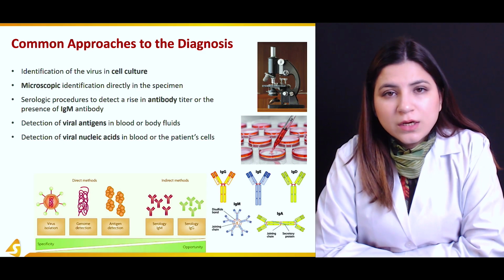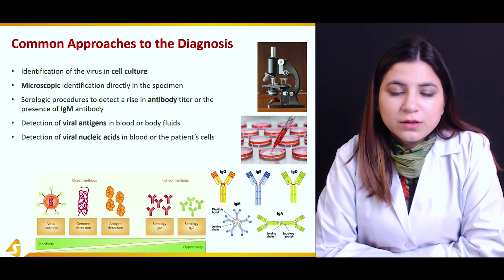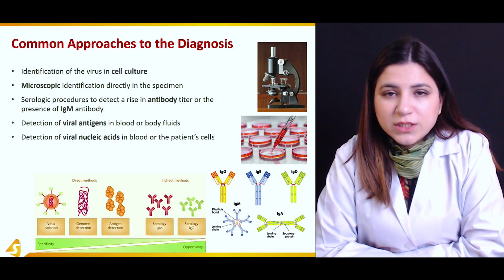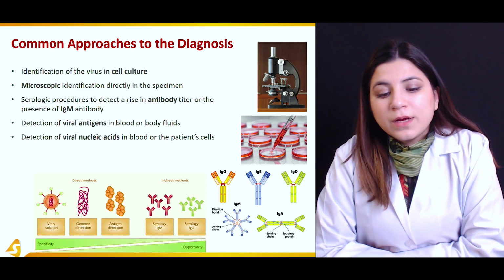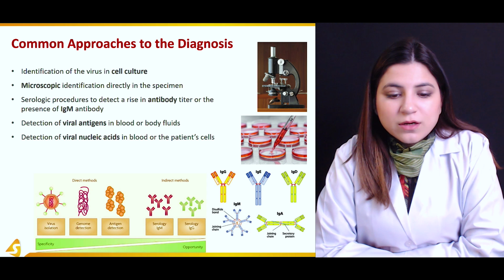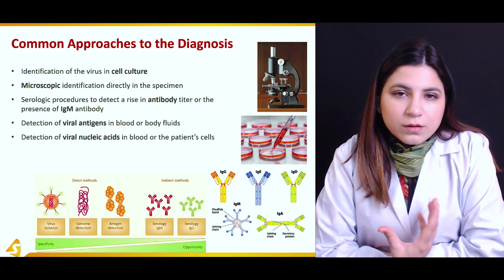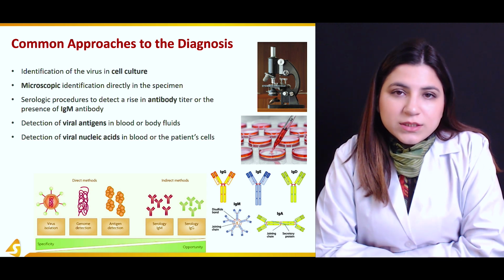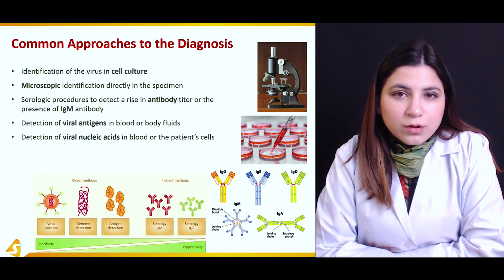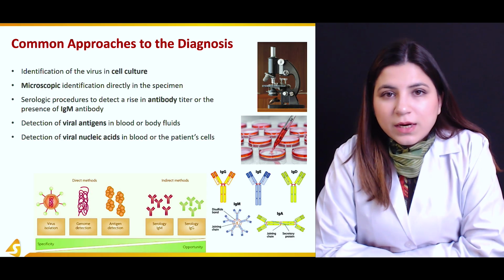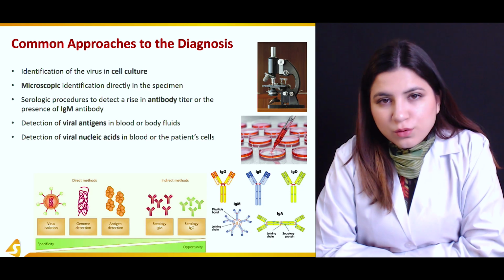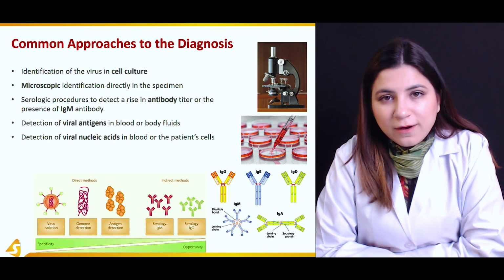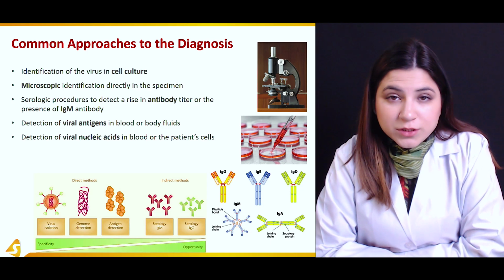And then there is detection of viral nucleic acid in the patient's blood or the patient's cell. As I explained earlier, these are the type of nucleic acids that differentiate or that have a different effect on the patient's cell and are different from the patient's nucleic acid.